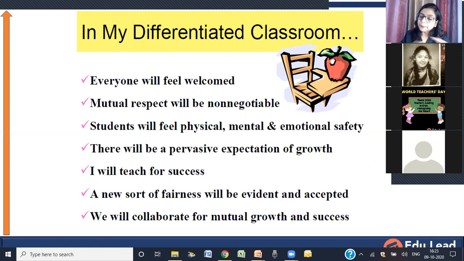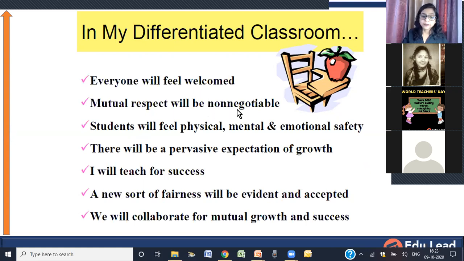We don't have to label any child. We have to do differentiation in such a manner that nobody even comes to know that you're practicing differentiation, right? And there is mutual respect between students. Between teacher and students, there is mutual respect. Between students, there is mutual respect. A good differentiated classroom will always have mutual respect.